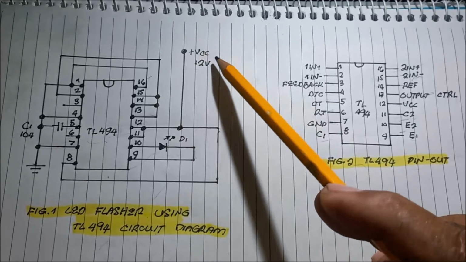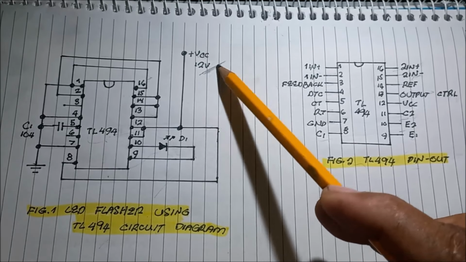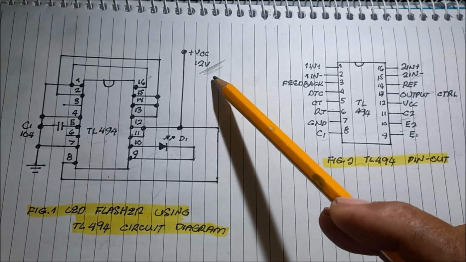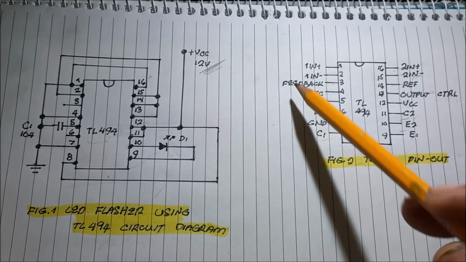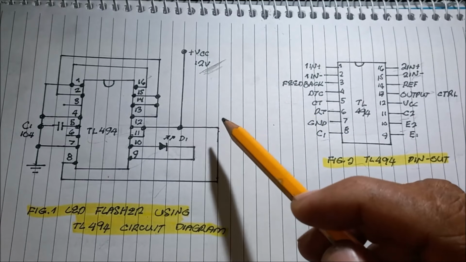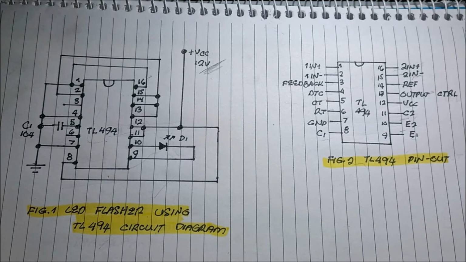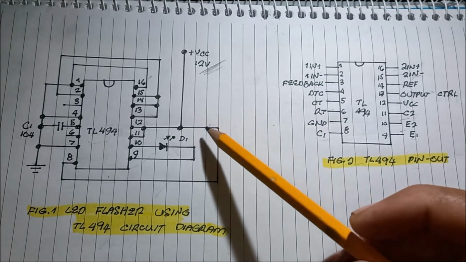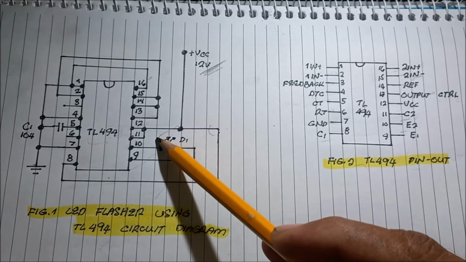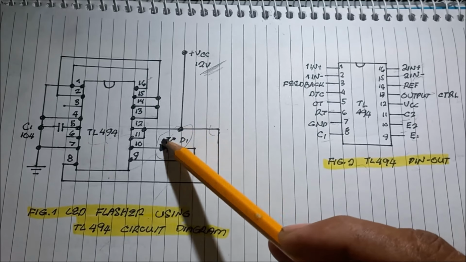So we are using a 12 volt supply, that is the battery, in order to use this IC. Then what makes this LED flash or blink?